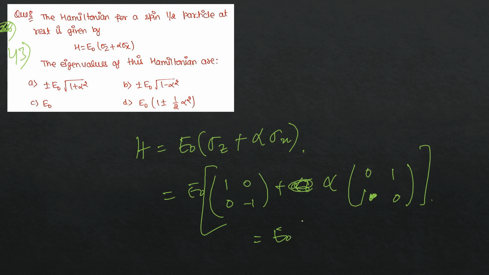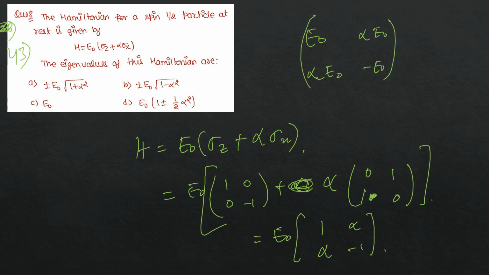So we get the matrix E naught, alpha, alpha, minus E naught. So the eigenvalues will be from the determinant of E naught minus lambda, alpha, alpha, minus E naught minus lambda. Isn't that right?